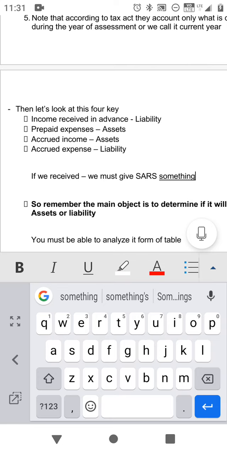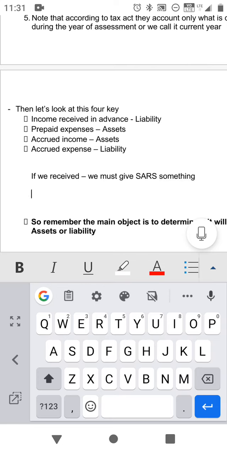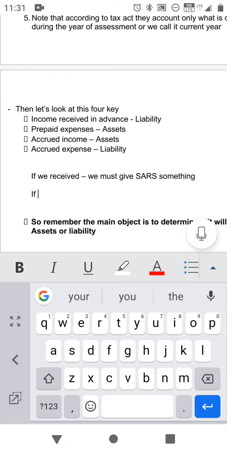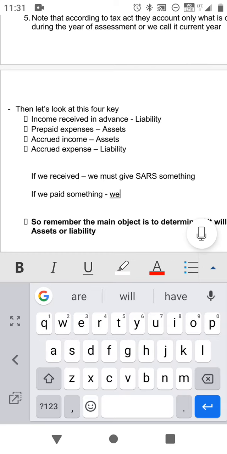Because we receive something, we must pay SARS. That's the rule. Then if we paid something, if you still remember those rules of VAT input and VAT output, they are very similar. If we paid something, we must claim something from SARS.